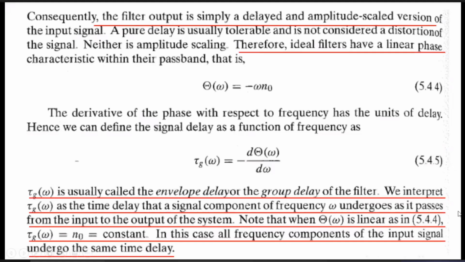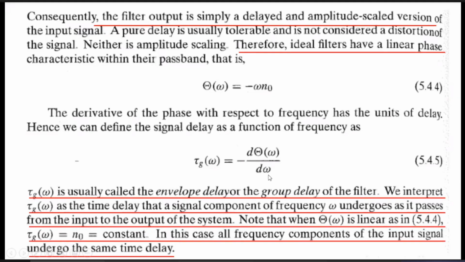So it is d theta d omega. If theta(omega) is constant, that is, the phase is constant for all frequencies and does not depend on frequency, then the group delay will be 0. And if theta(omega) is linear, then if you take the differentiation of that, you get a constant delay for all the frequencies.